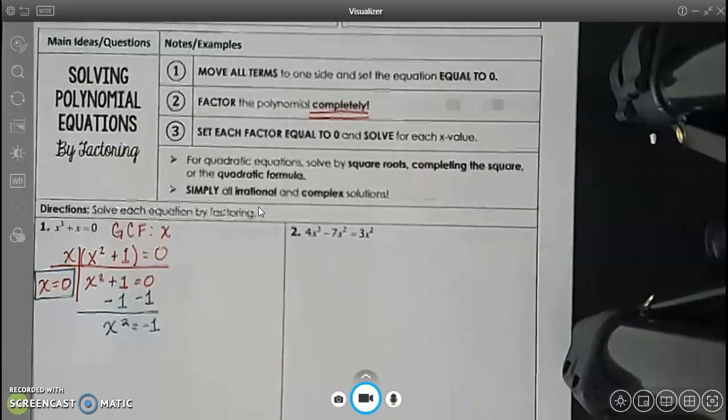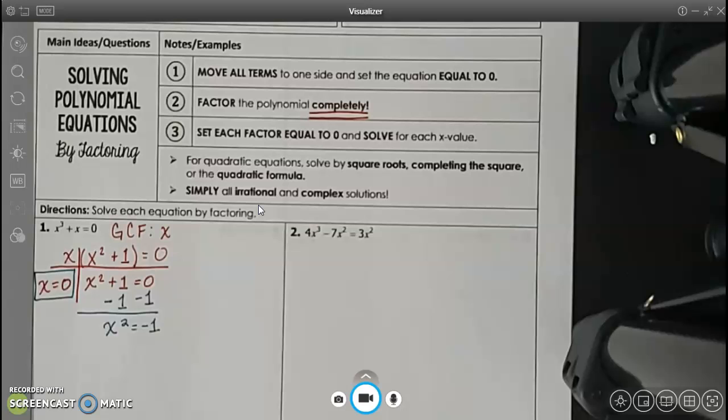Okay, x squared is equal to -1. So from there, to get rid of a square, you take the square root. And anytime in solving, when you take the square root, remember that you're going to get 2 answers. You're going to get the plus and minus. Okay, and then what is the square root of -1?